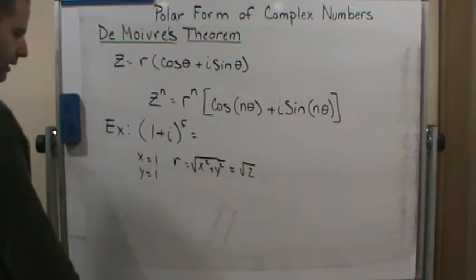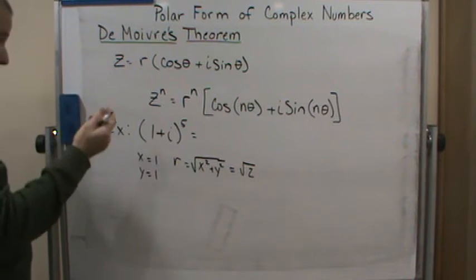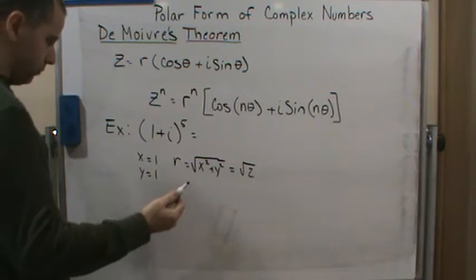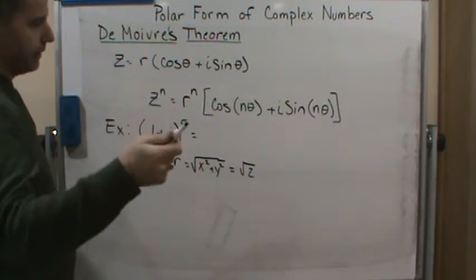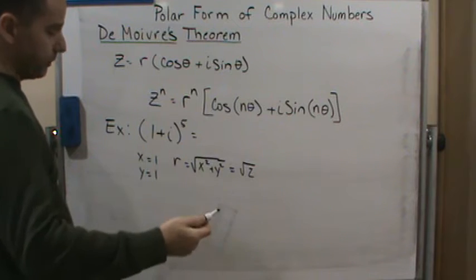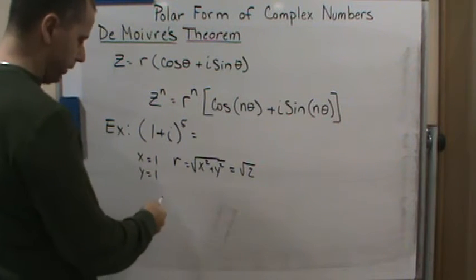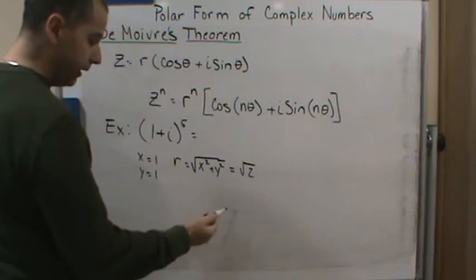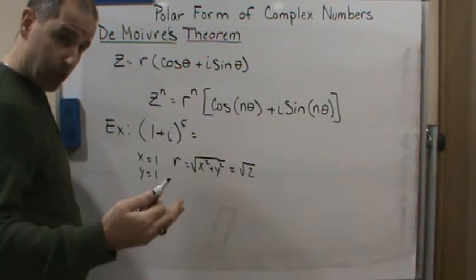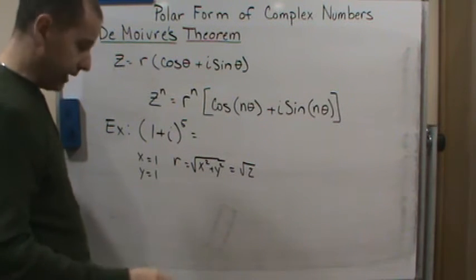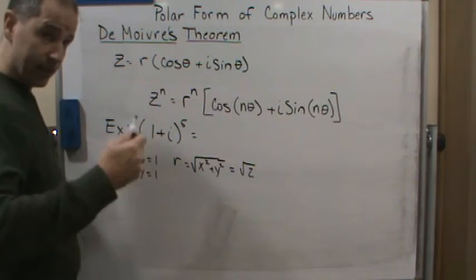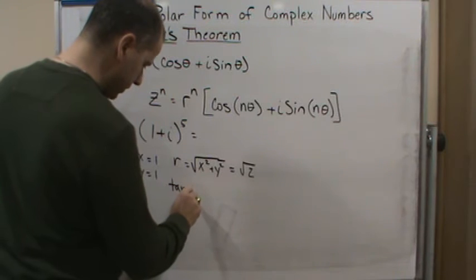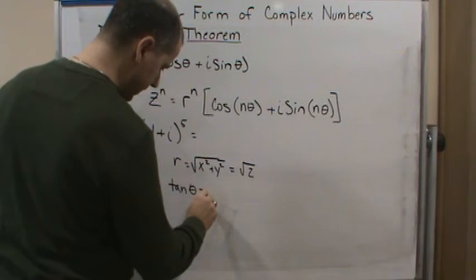Now, to find the argument, I need to find theta. To find the argument, I'm going to use tangent, because all I have is x and y. The only trigonometric function I can use is the one that gives me the ratio of y to x, which is tangent. So I know tangent of theta is 1.